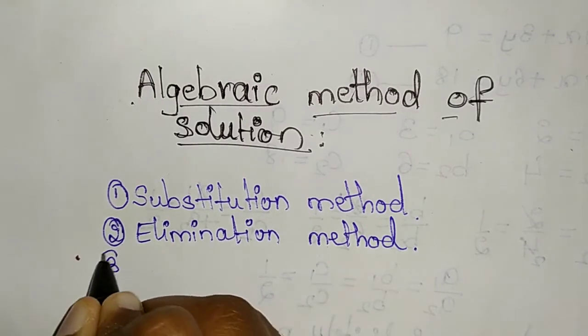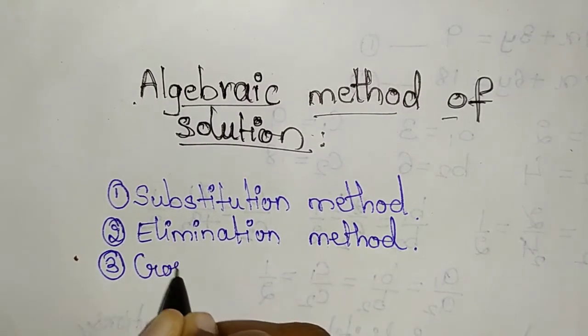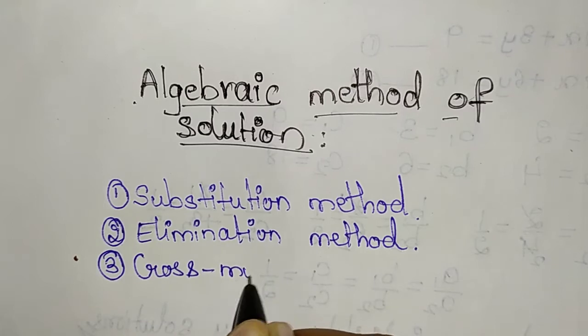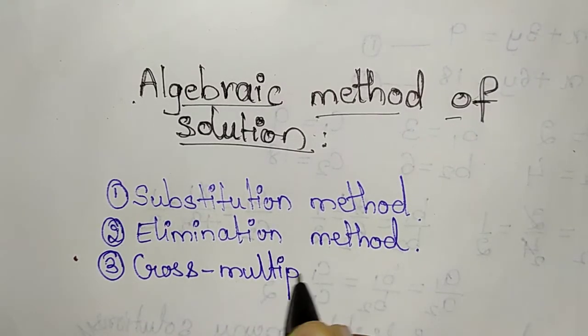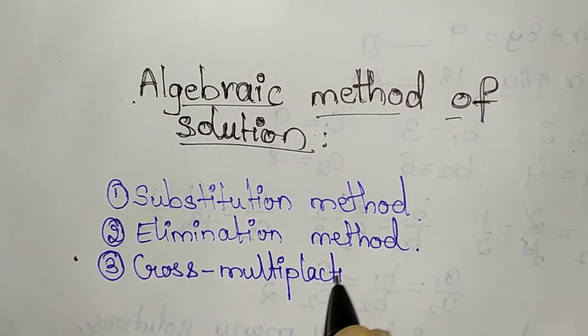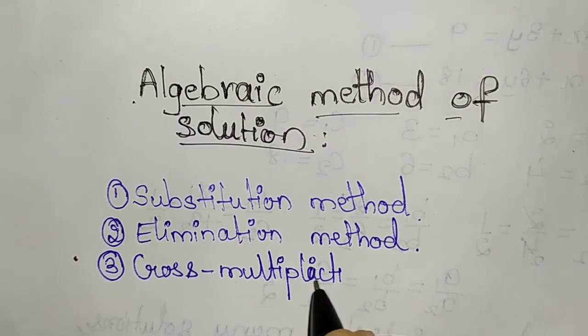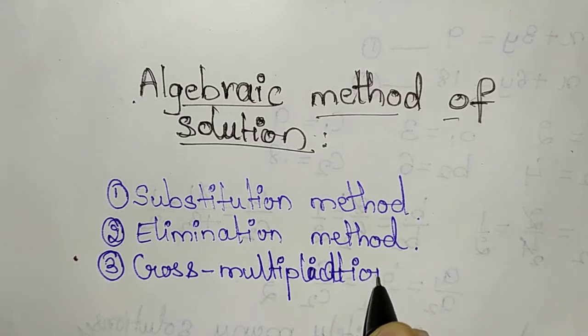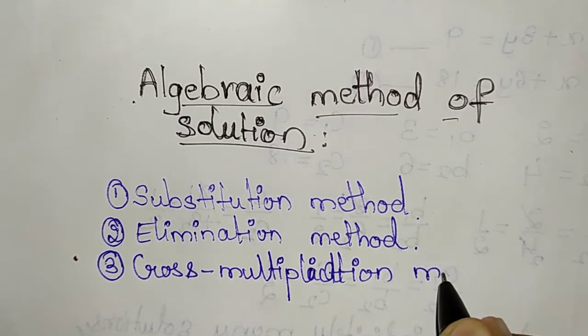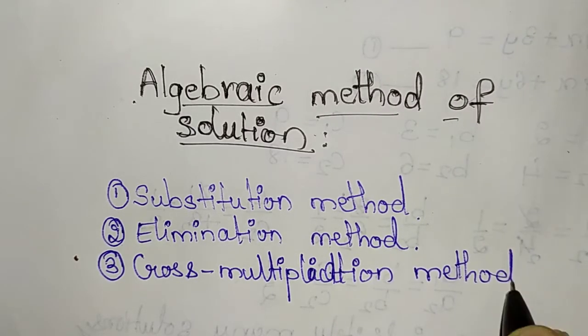And last method is cross multiplication method. As the name itself suggests, we cross multiply the coefficients of the given variables and find the solutions.